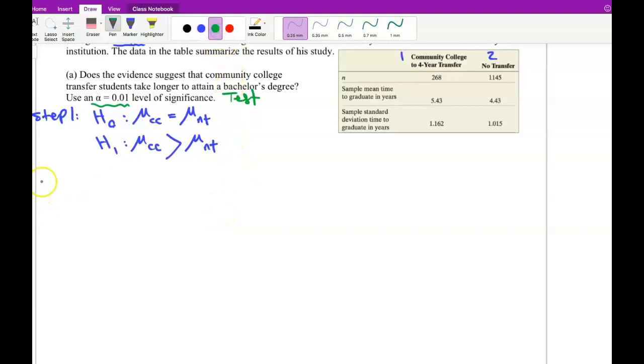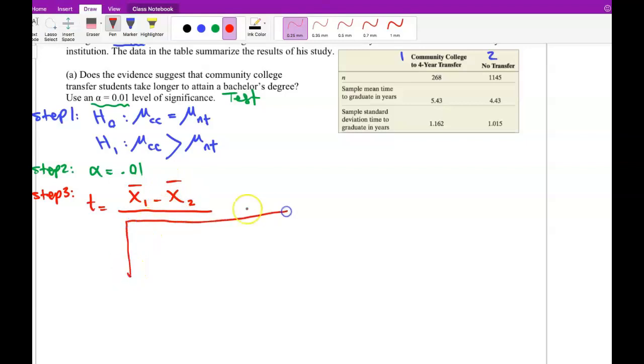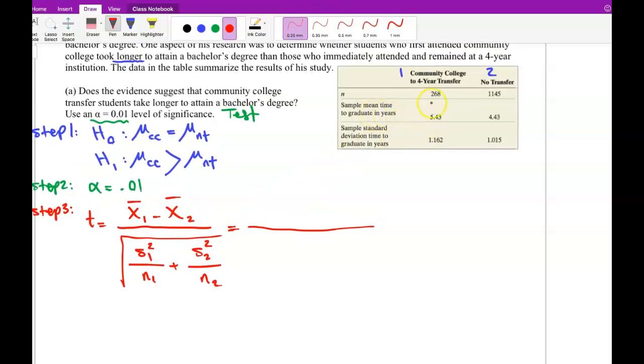Then step two, alpha is again 1%. Then step three, finding t. That is equal to the difference of sample means over the standard error.